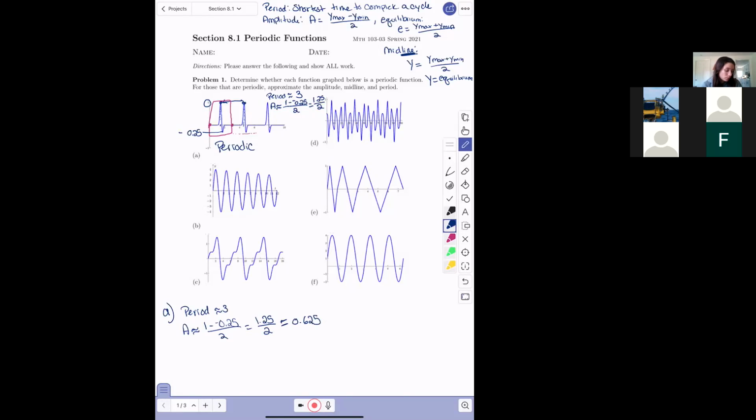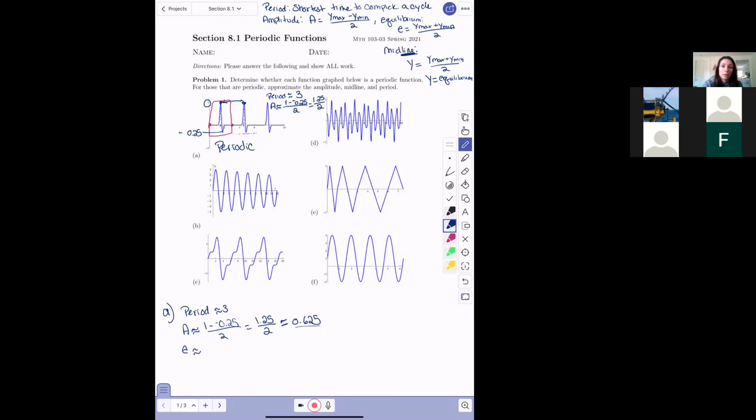And your amplitude is the distance from the midline to the peak. And then we have equilibrium. Oh, I guess we don't have to find it, but we kind of have to. So we'll find it anyways.